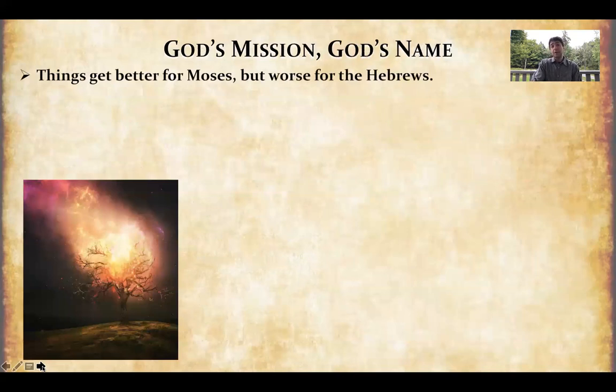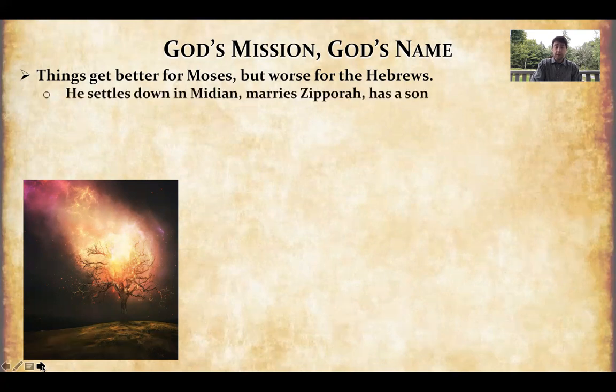Things do get better for Moses, but while things are getting better for him, they get even worse for the Hebrew slaves. Moses settles down in Midian, marries a woman named Zipporah, has a son named Gershom, and he's beginning to integrate into this new community. He becomes a shepherd and takes care of the flocks of his father-in-law Jethro.